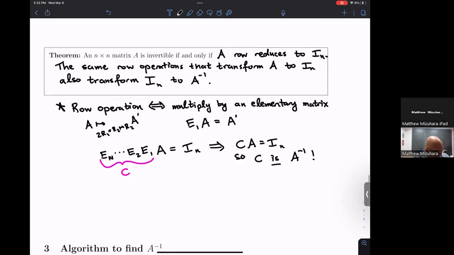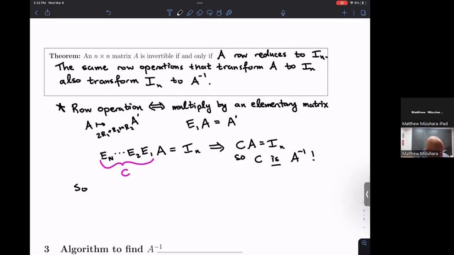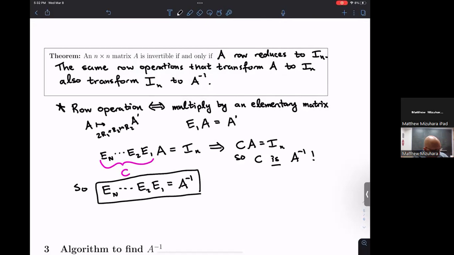So in other words, we have just seen that all of these matrices multiplied together are exactly the inverse of A. So interesting. So why do I write above that it's the same transformation?